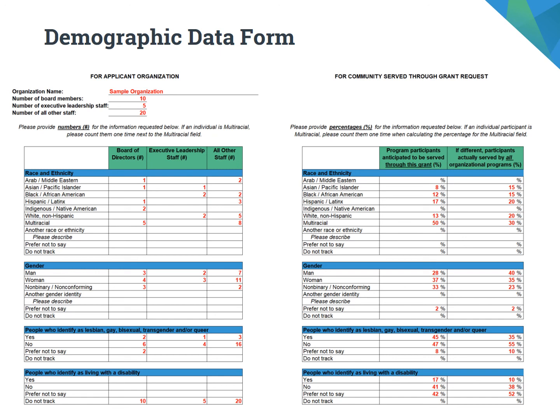Again, we know that you may not track all of this data, and if you do, you may not have complete data. That's okay, just provide what you can. If applicable, when you're completing the multiracial fields for your staff or program participants, please count an individual one time for the multiracial field. If you have or would like to provide additional information on the identities of people referenced in this part of the demographic data table, please include that in the narrative space provided.